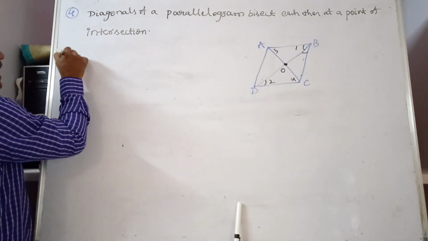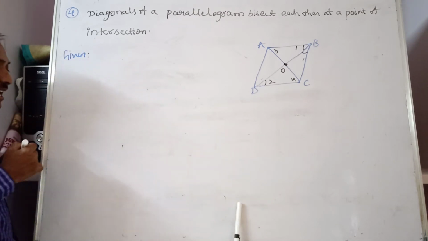So first, given: ABCD is a parallelogram.